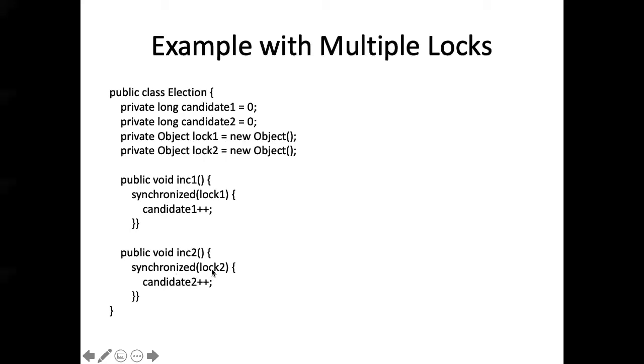So that ensures that 2 threads can't simultaneously update the vote tally for candidate 1 or for candidate 2, but it does mean that 2 threads can separately update, in parallel, one can update candidate 1's vote tally and one can update candidate 2's vote tally. So synchronized blocks give us finer grained control over synchronization than synchronized methods.